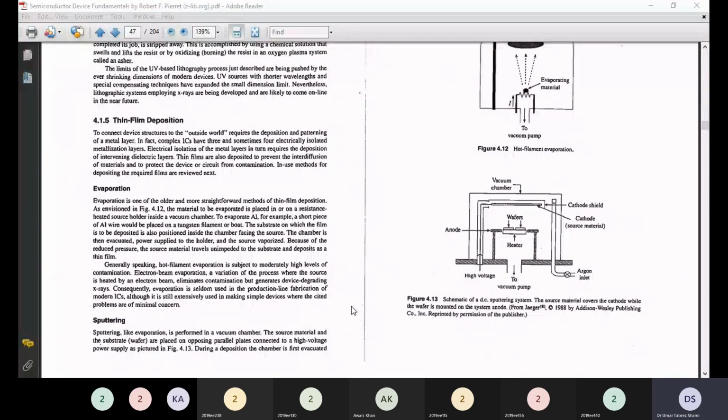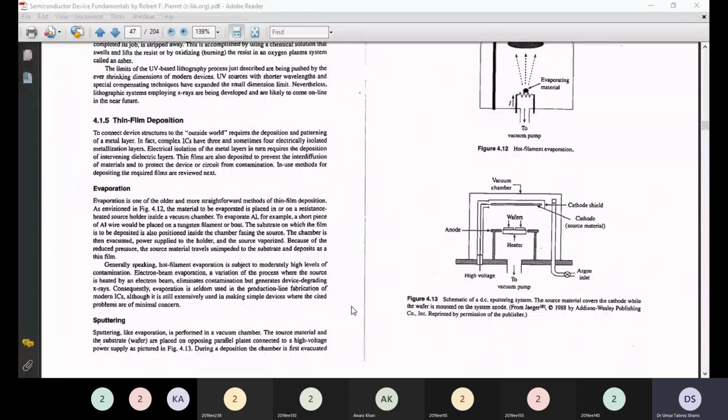In fact, complex ICs have 3 and sometimes 4 electrically isolated metallization layers. Electrical isolation of the metal layers in turn requires the deposition of intervening dielectric layers. Thin films are also deposited to prevent interdiffusion of materials and to protect the device or circuit from contamination.